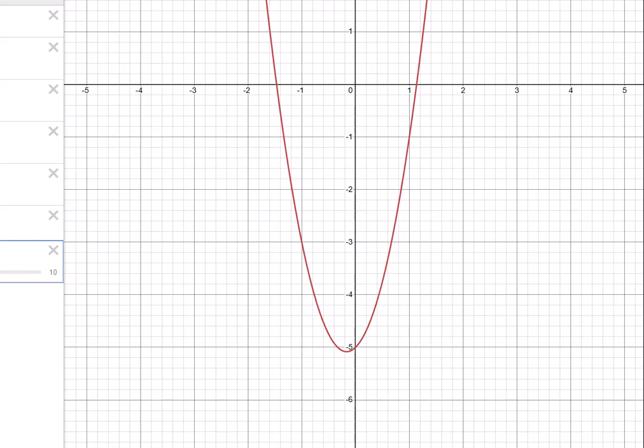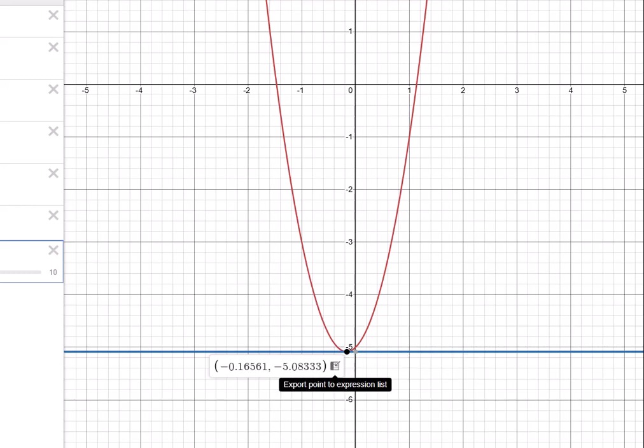Here's the graph of that function, and here's the tangent line. And this point right here, negative 1/6, is right in here, and the blue tangent line is touching at that one point. Seems like it worked.